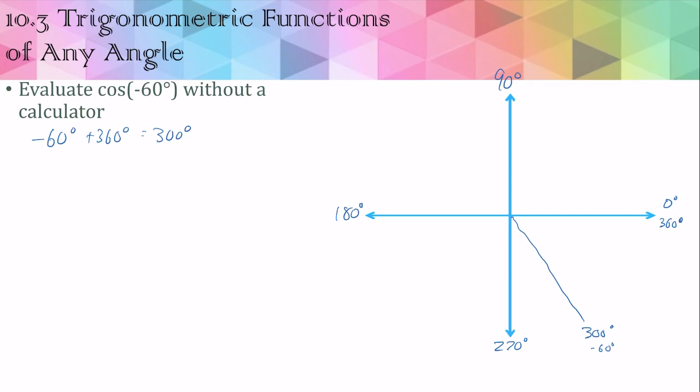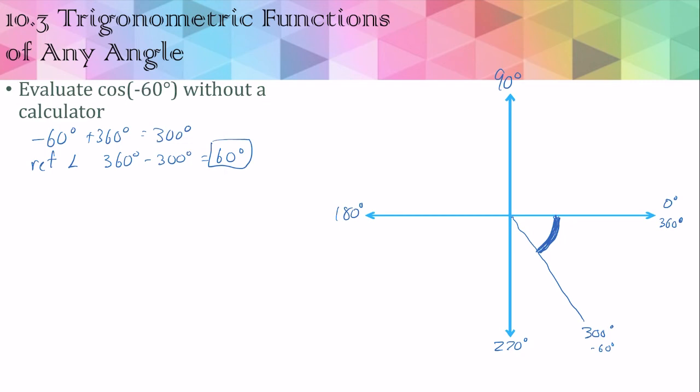The reference angle is here, between the terminal side and the x-axis. So to find that reference angle would be 360 minus the 300, which is 60 degrees. So our reference angle is 60 degrees.